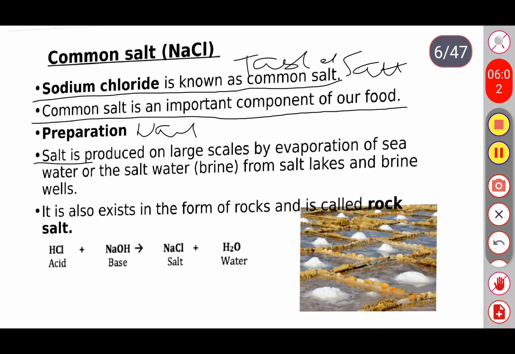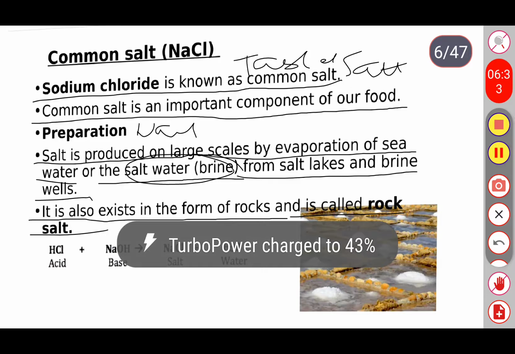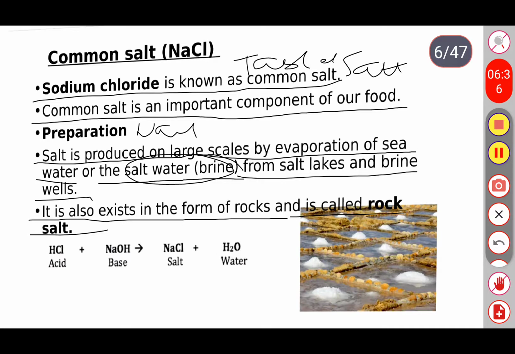Salt is produced on a large scale by evaporation of seawater or salt water, that is brine, from salt lakes and brine wells. It also exists in the form of rocks and is called rock salt. The raw salt, before purification, consists of some impurities also.